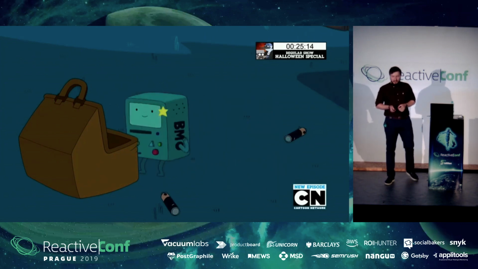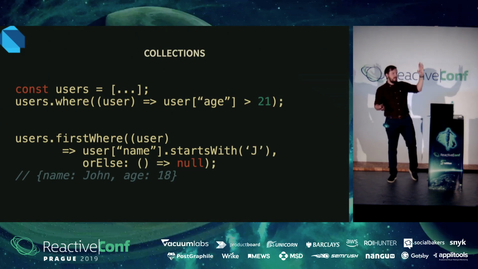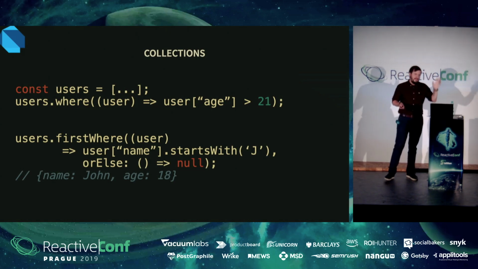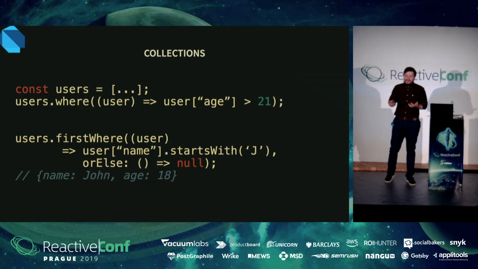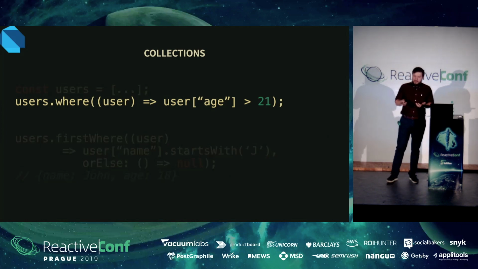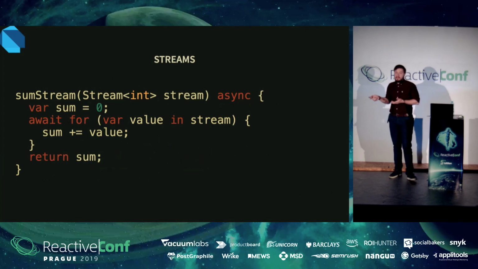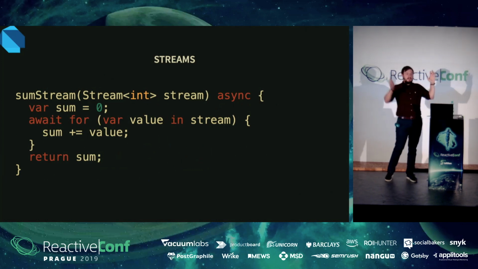Yeah. So do you like collections? Who likes collections? Yeah, they're fun, but it's not so okay. In Dart, we have collections already in the language, in the Dart standard library. We can use where, firstWhere, anything we want. Or, I don't know, streams. Who likes streams?